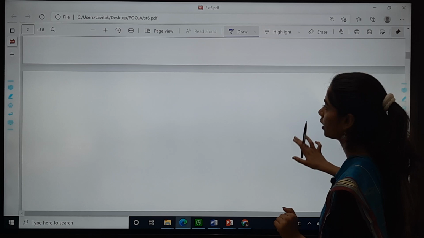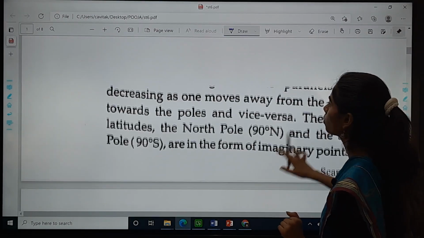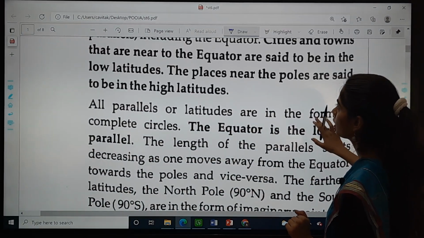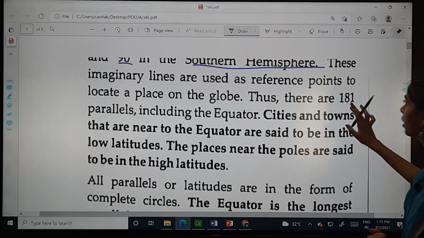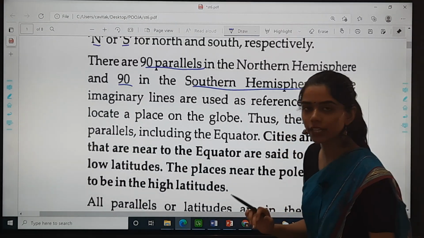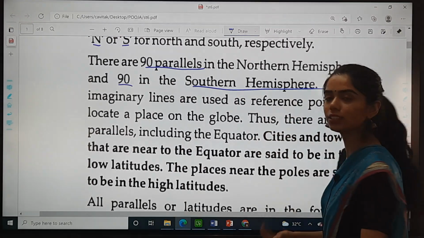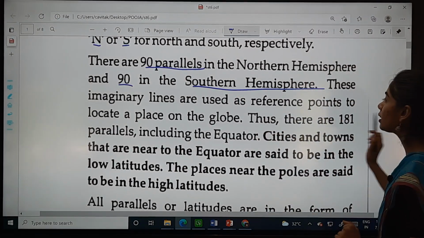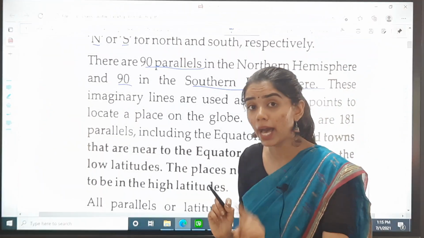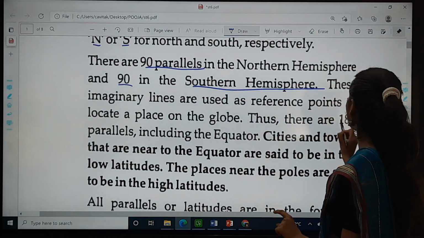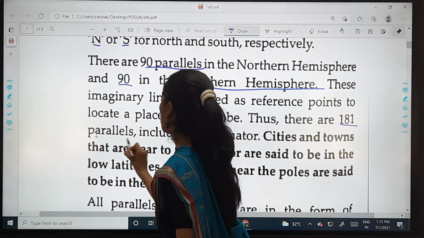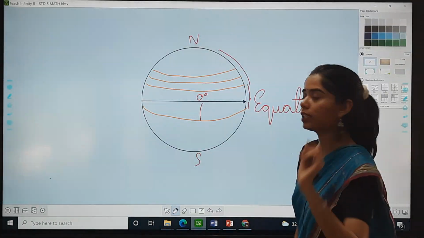Okay children, now see, coming back to where we stopped, 90 in northern hemisphere, 90 in southern hemisphere. These imaginary lines are used to locate a place. Thus, there are 181 parallels including the equator. How many? 181.